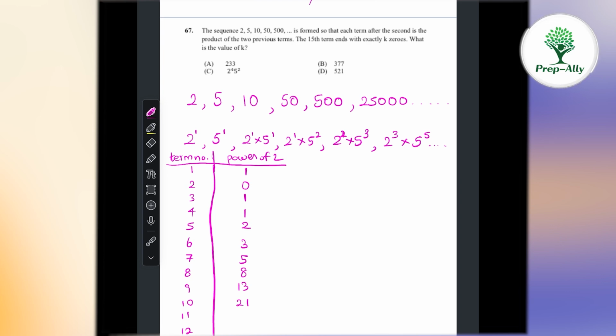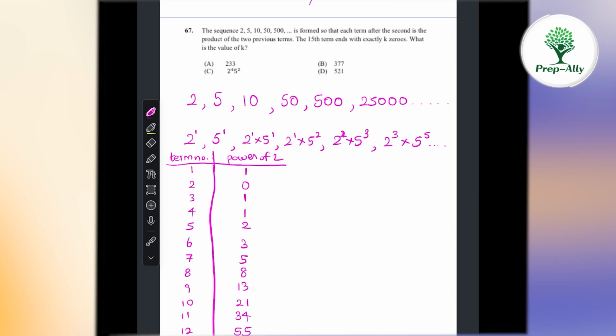21 plus 13 is 34, 55, 89, 144 and 233. Right, so the 15th term has the factor 2 power 233, right?